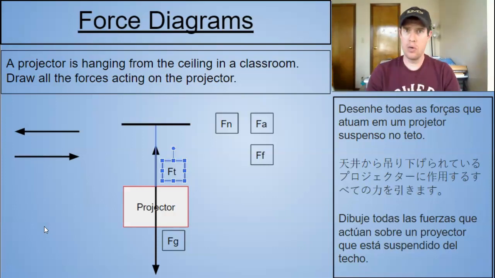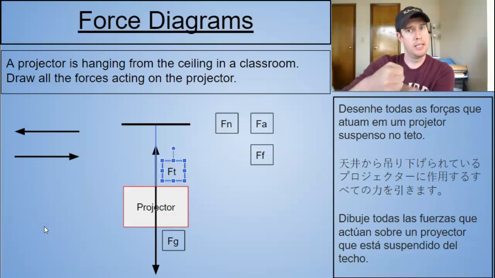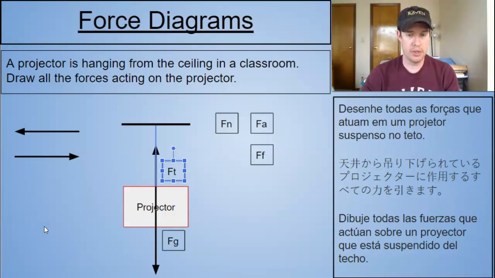This is not a normal force. The pipe and the projector aren't pressing on each other. The pipe is pulling the projector up. So it is acting against gravity. So that's how you use the force of tension.